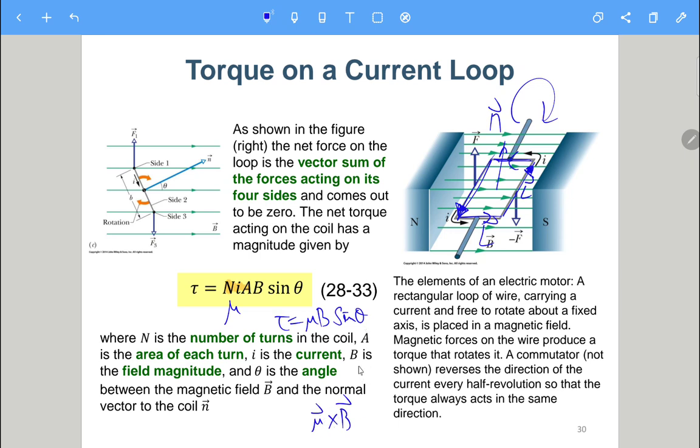The theta is the angle between the mu and the B field. So here it also tells you that theta is the angle between the normal vector and the B field, which means that the direction of the mu is actually the same as the normal vector of the coil.